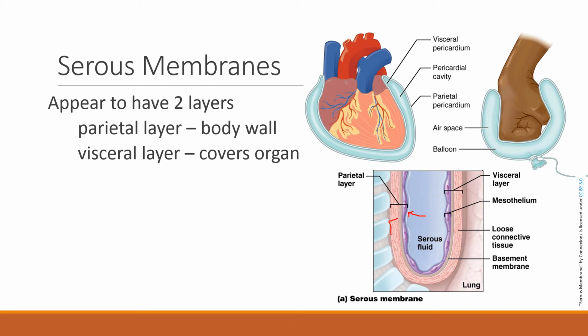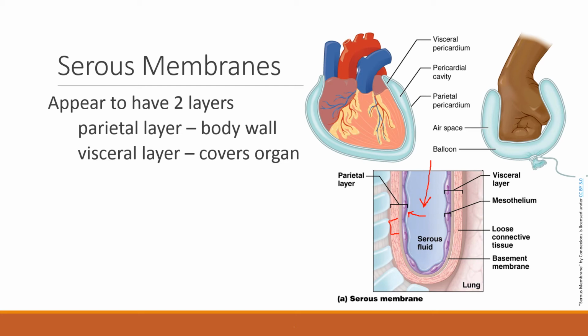That's the part in pink here. The membrane folds on itself, making 2 layers, and the 2 layers are separated by a thin layer of liquid called serous fluid, which is denoted in the blue here. The serous fluid is secreted by the epithelial tissue.